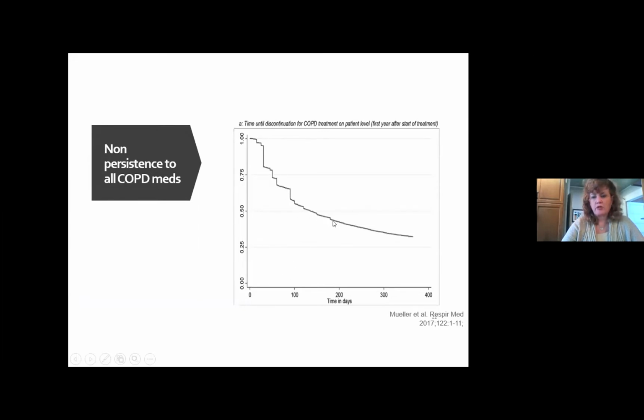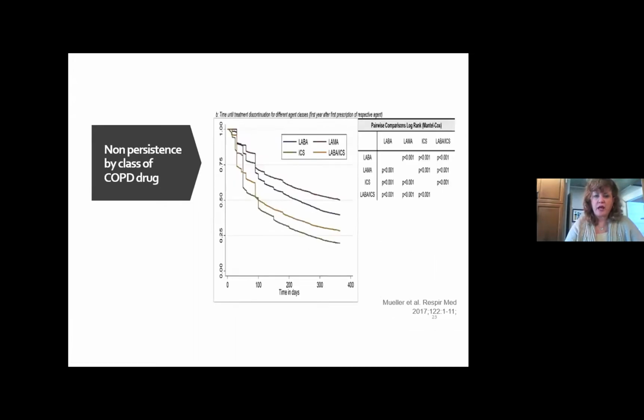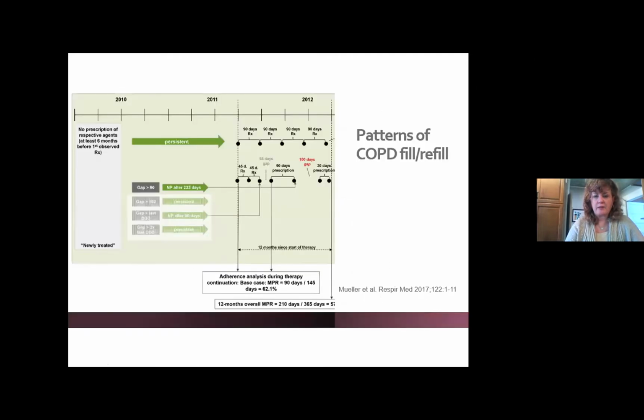And then over the course of a year, you'll see that there is continuing drop off in persistence till you reach that 35% rate that I was describing before. And the non-persistence does differ by class of drug, but it's still kind of disappointing that there's better persistence with the use of bronchodilators, but lower persistence to inhaled corticosteroids and controller therapies for COPD.